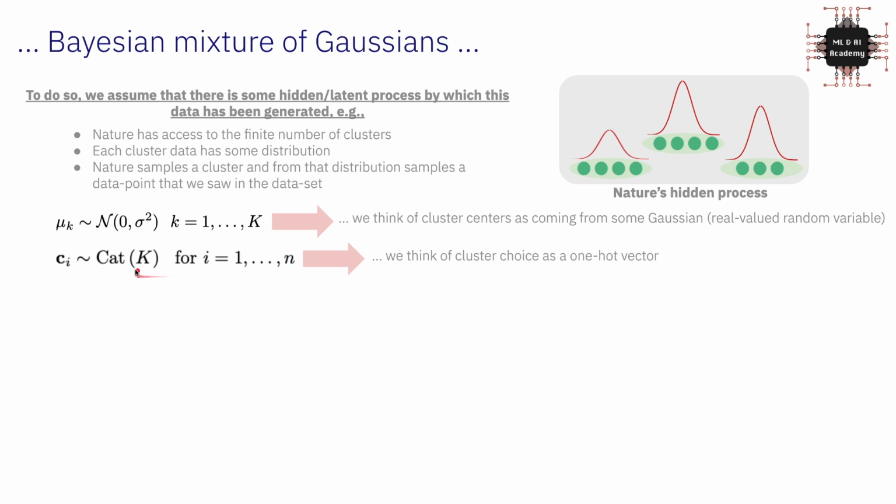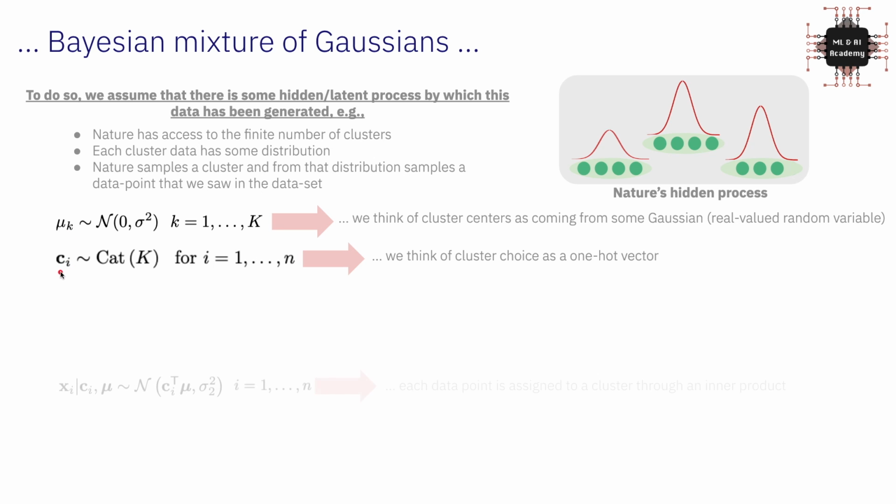Then we're going to have that picked from some discrete distribution over that one-hot representation, and that is categorical of K. At the beginning, we're going to assume that these are uniformly sampled, or equally likely, and we do that for every data point i. So we pick first the cluster center, then we also pick the cluster itself.